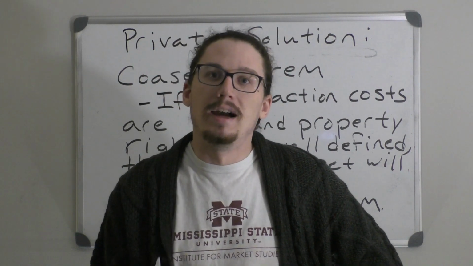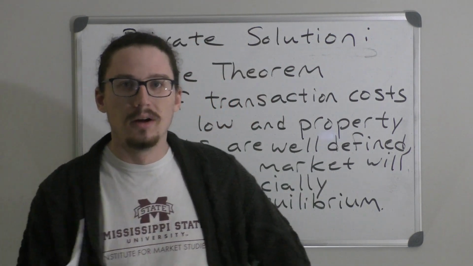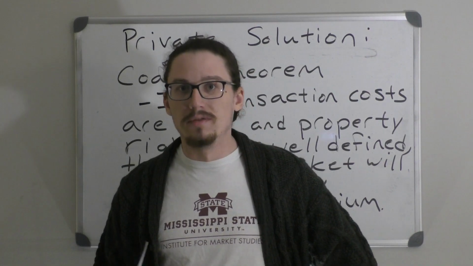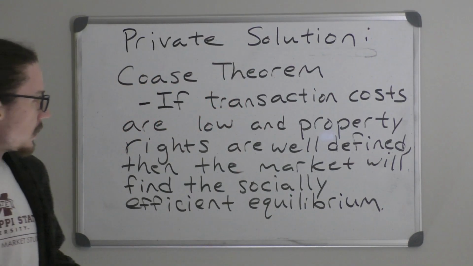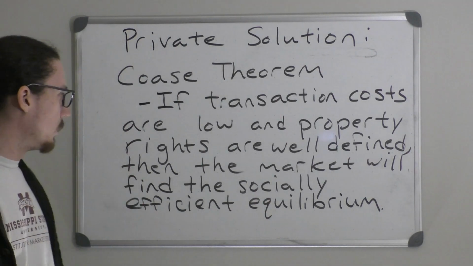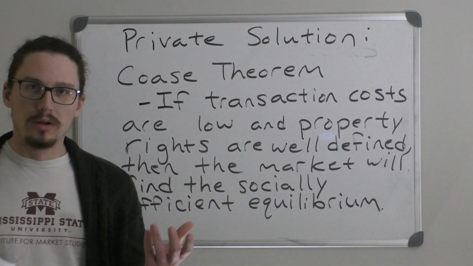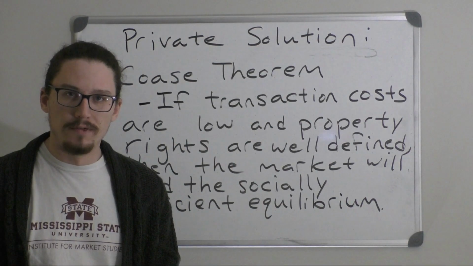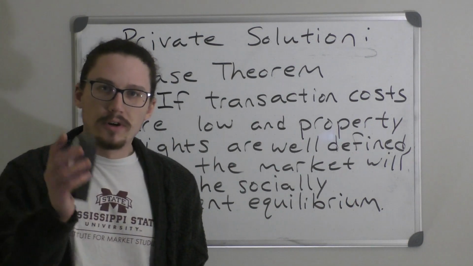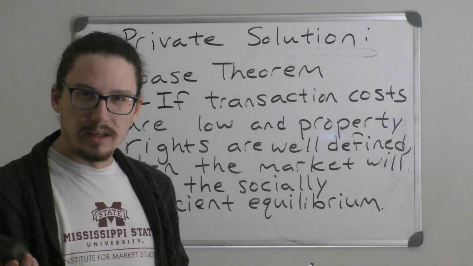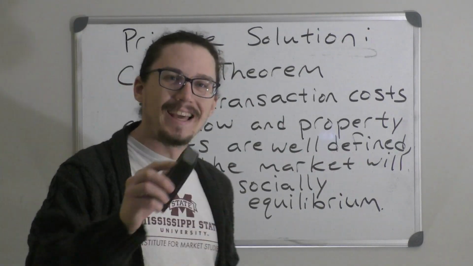That time you spend waiting in line would be part of the transaction costs. But again, if transaction costs are low and property rights are well defined, the market will find that socially efficient equilibrium.